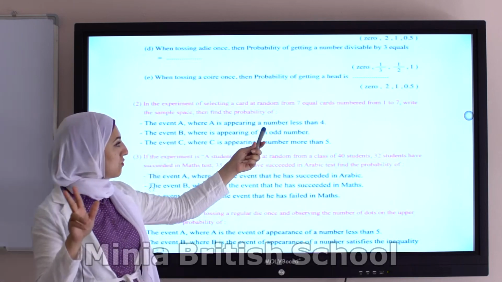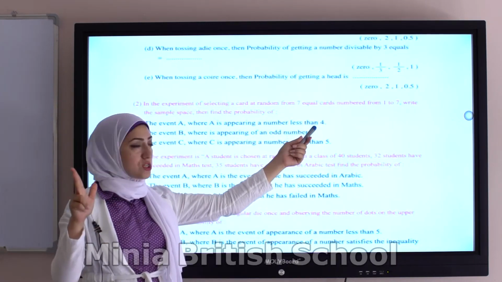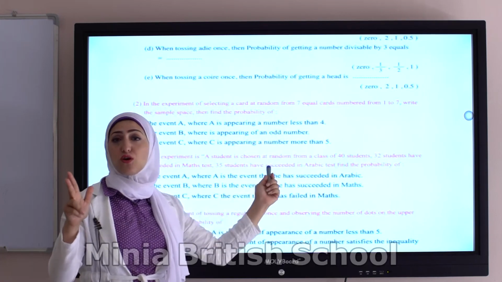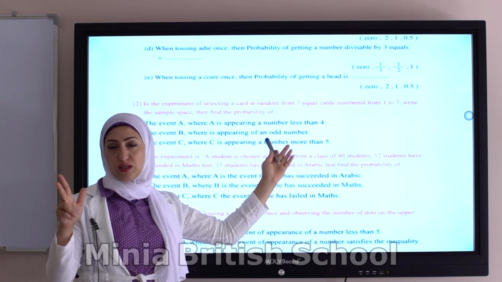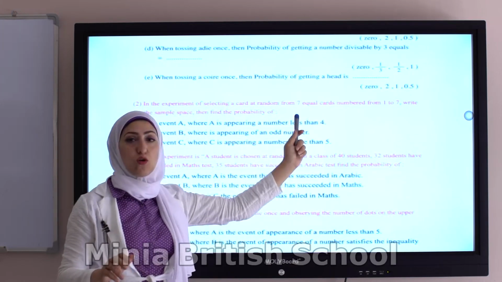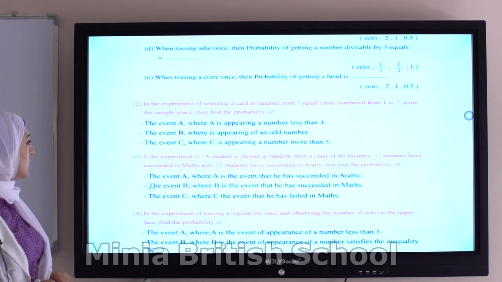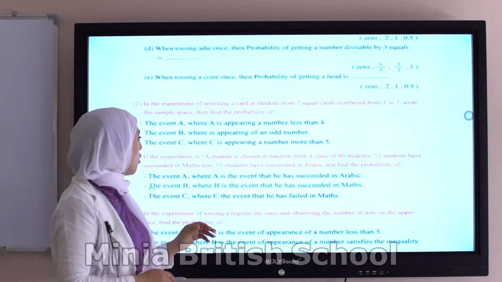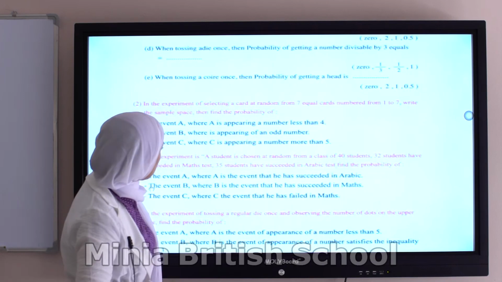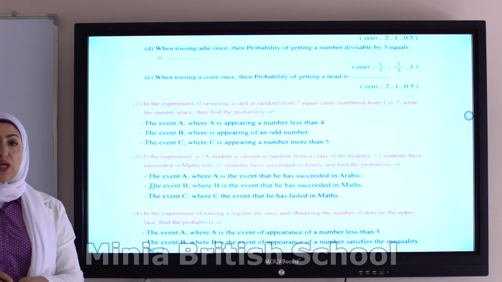3 over 7 is the simplest form. 3 is the number of the event, 1, 2, 3, the numbers less than 4, and the number of the sample space equals 7. So it is 3 over 7. Okay, the next one, event B, appearing of an odd number.